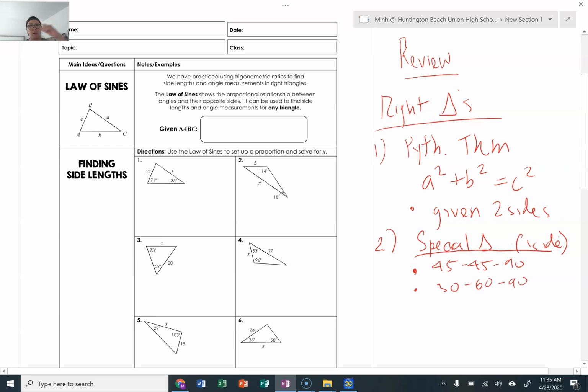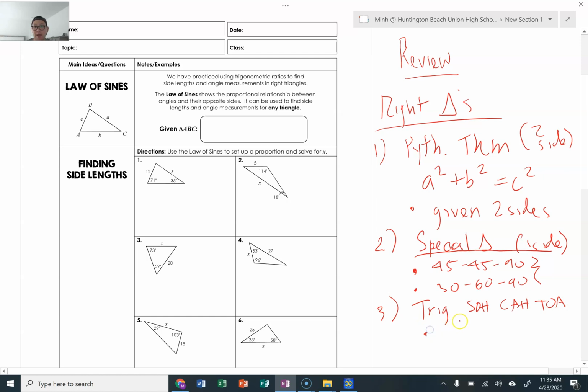And so Pythagorean theorem, you're given two sides, right? The special triangle situation is you're given one side, but you're given either 45, 45, 90 or 30, 60, 90. And the last is trig. And just for you to remember, SOH CAH TOA was the acronym that we use.